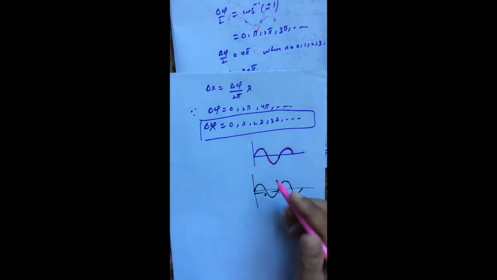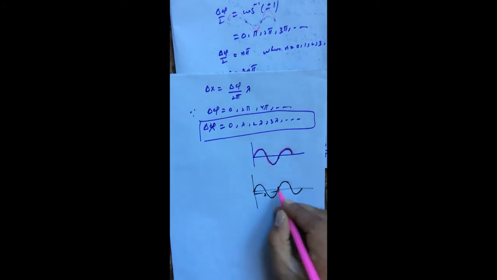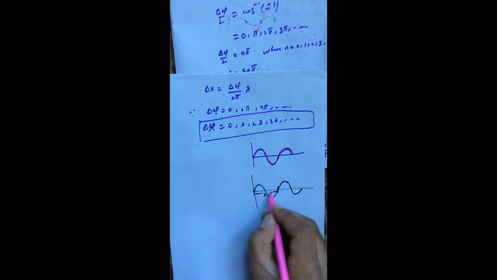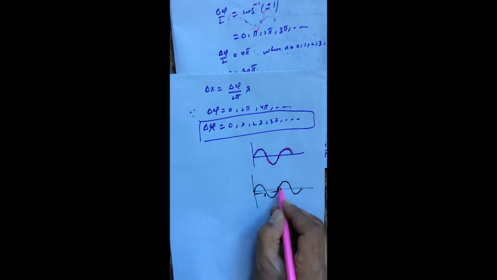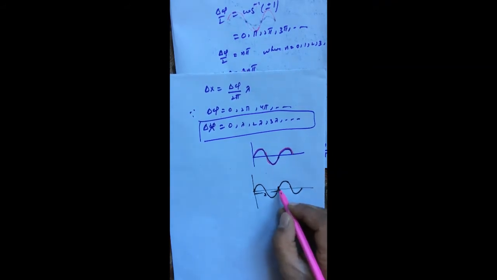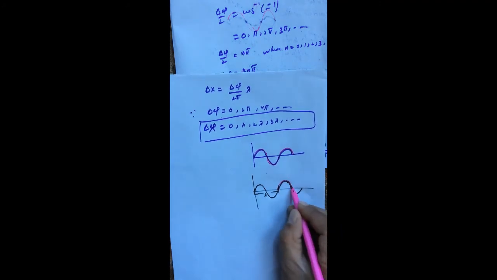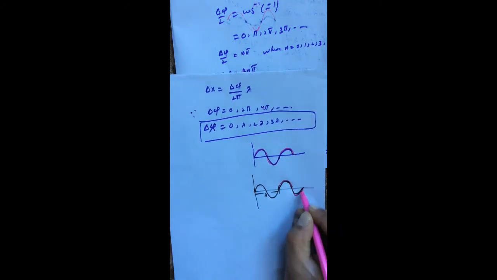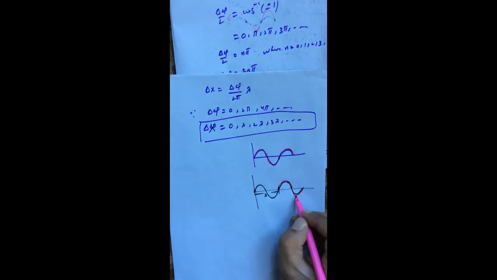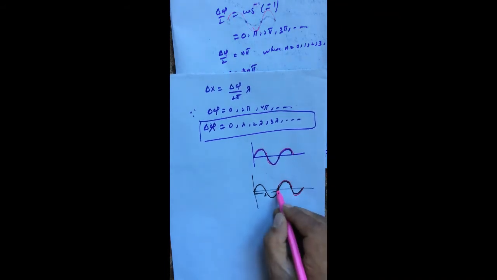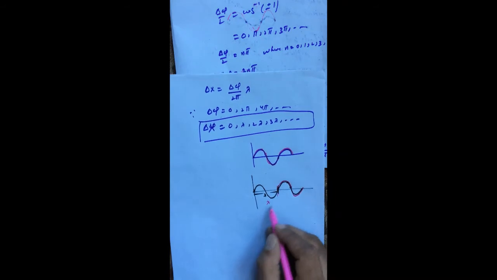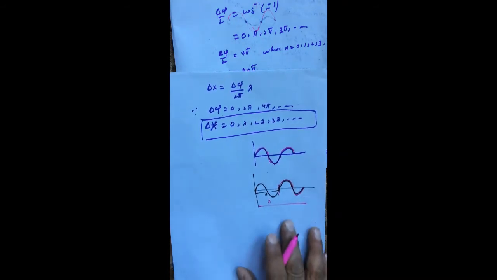Now if the second wave starts from this point, then the path difference will be lambda, because this wave started a lambda distance from the first one. So this wave will start from here. So again the crest and trough fall on each other. So here the path difference is lambda.